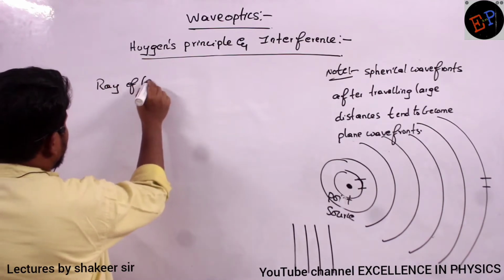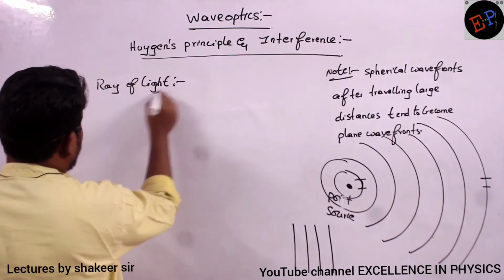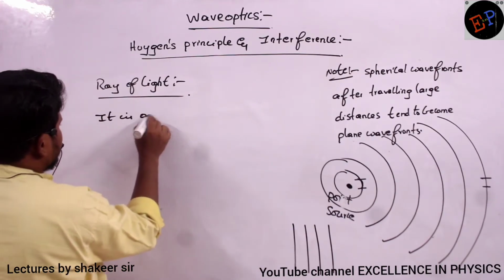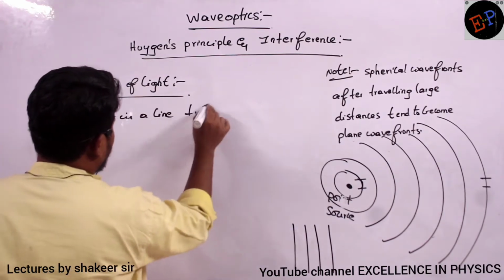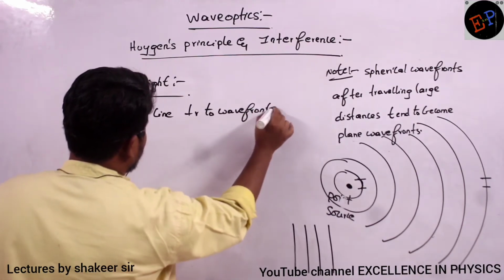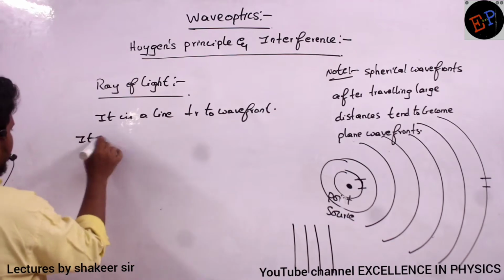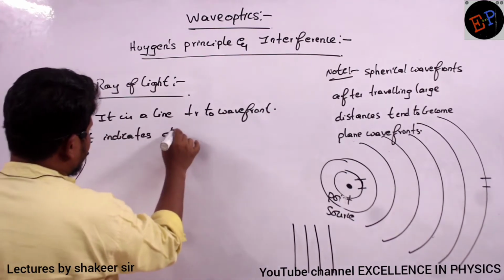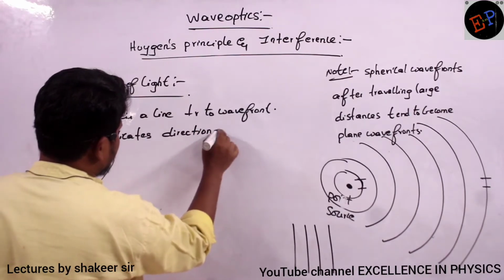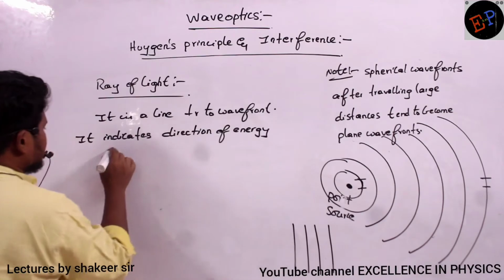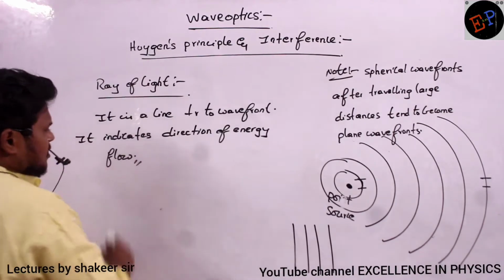A ray of light is a line perpendicular to the wavefront. It indicates the direction of energy flow. This is called a ray of light.